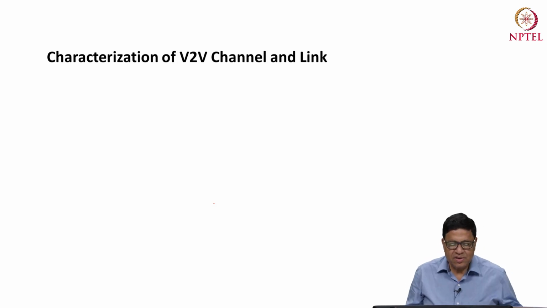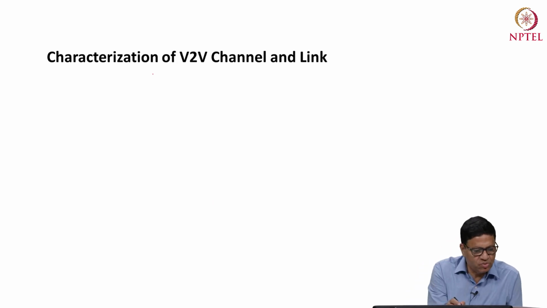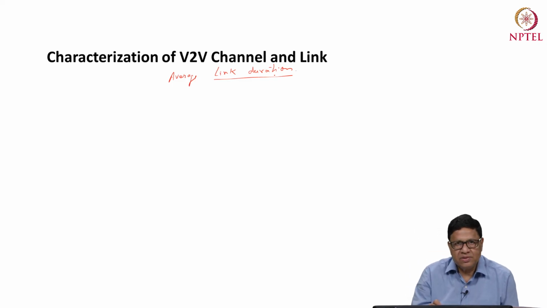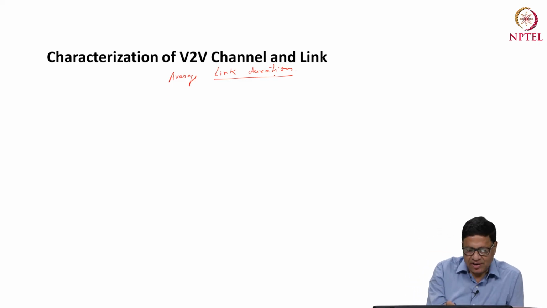So characterization of the V2V channel link is done as we had discussed. We need to find out what is the average link duration. What is the average time during which the two vehicles are communicating.